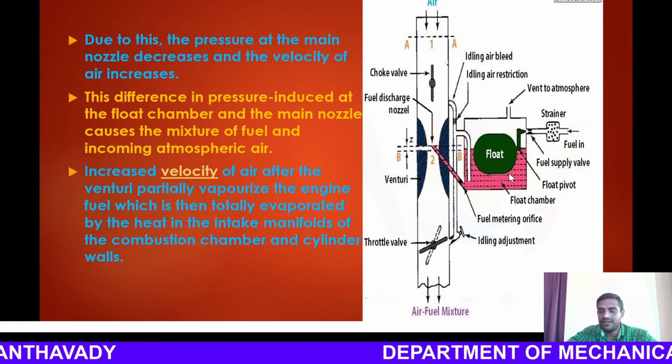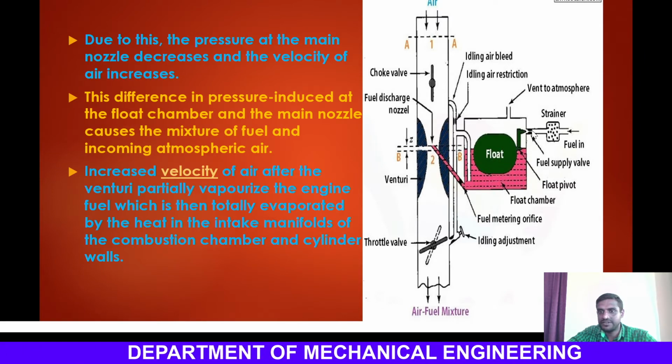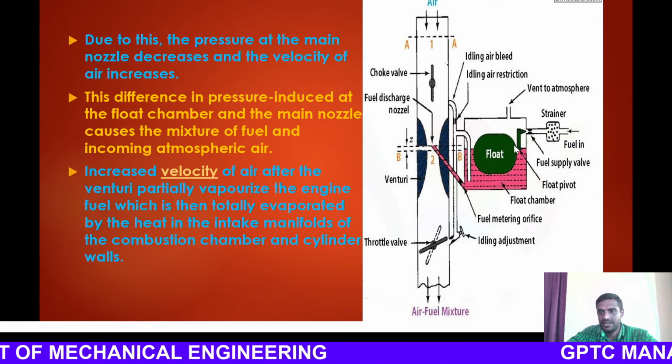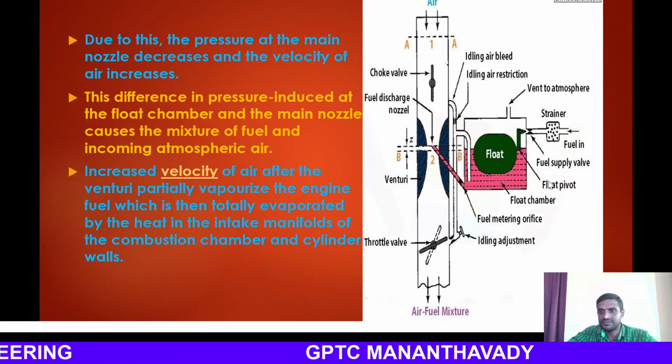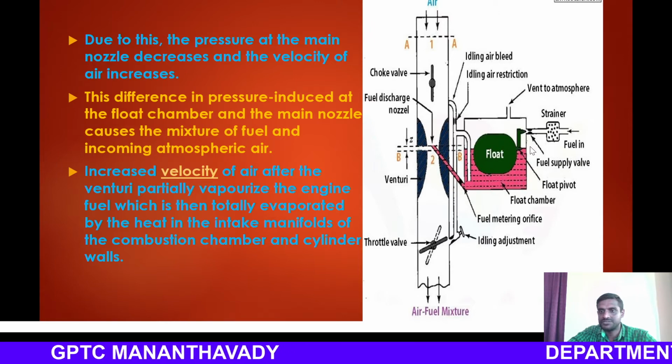When the level of the fuel rises, the float will move up and again close this passage. Its up and down motion is controlled by means of a float pivot. This float is pivoted here.